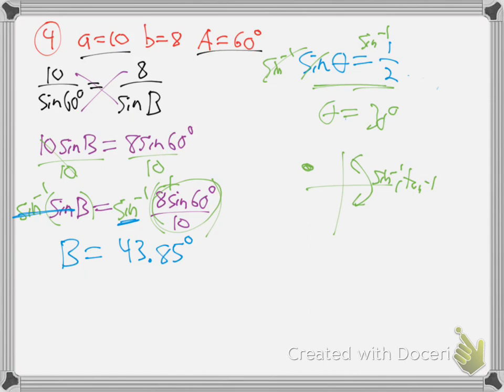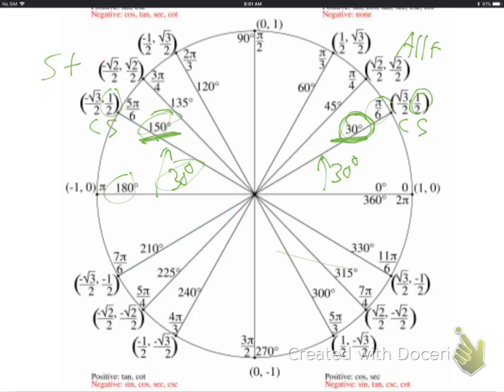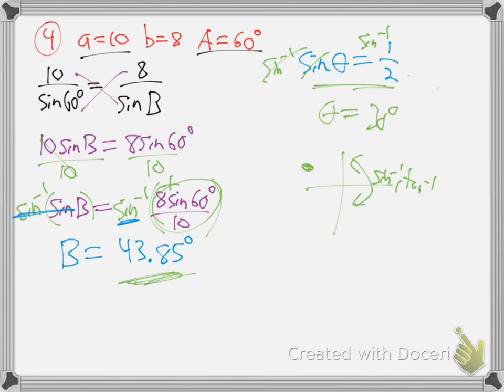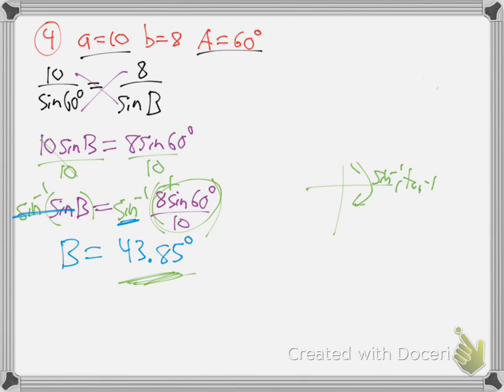So therefore, when I get this crazy 43.85, how do I find the second option that's in the second quadrant? 180 minus it. That's how you always find the same angle in the second quadrant, right? Because it's 180 back up, same reference angle. So that's long story short. You don't have to understand all that detail I went through, but you do have to know what to do now. What do you do now? 180 minus it. So let me write that out.